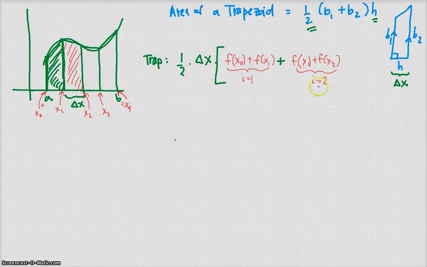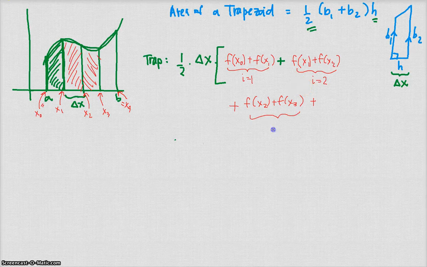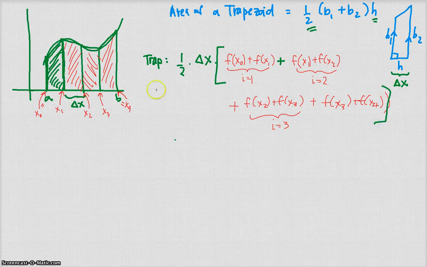We're going to add it to the third one here, which will be f of x sub 2 plus f of x sub 3, plus, this will be for the third trapezoid, plus the fourth trapezoid right here will be f of x sub 3 plus f of x sub 4. Okay. Now in this case, we can simplify this. It will always become 1/2 delta x, right?